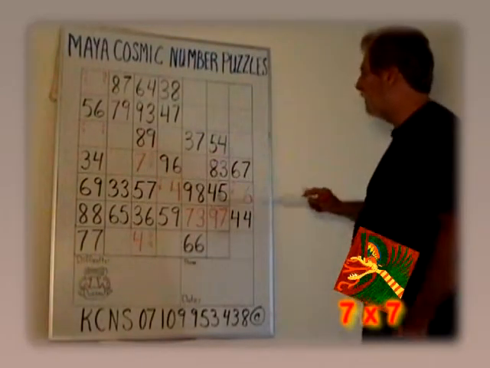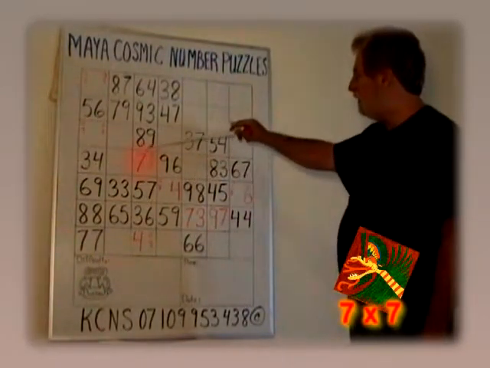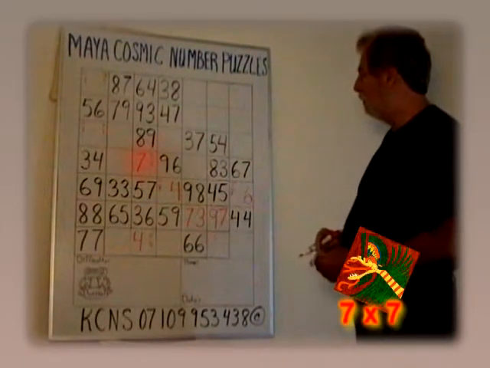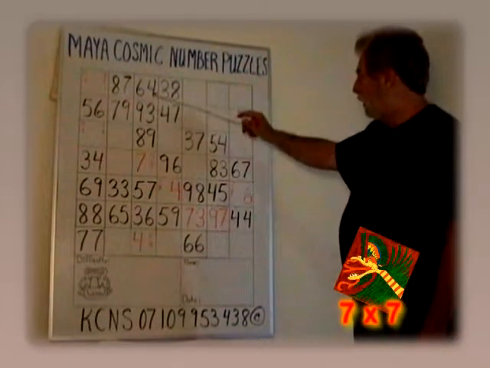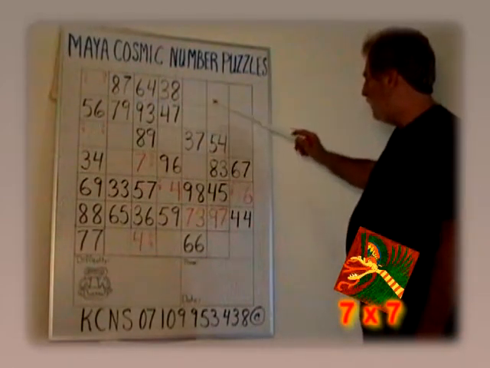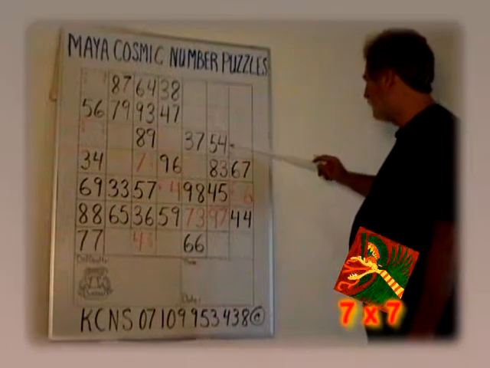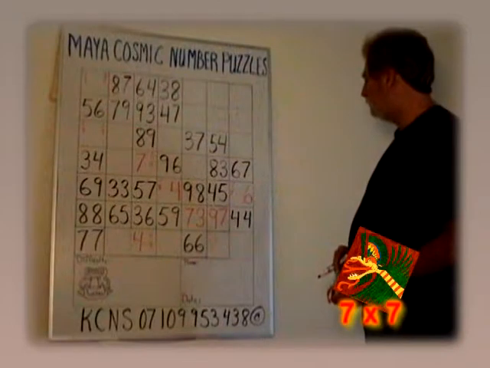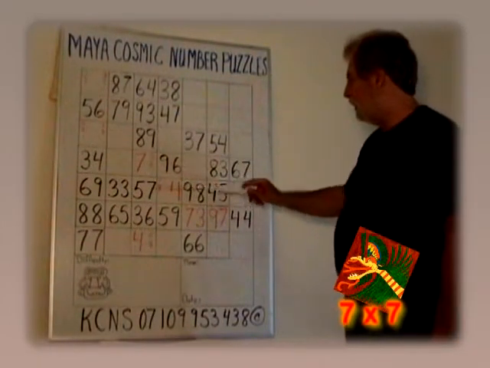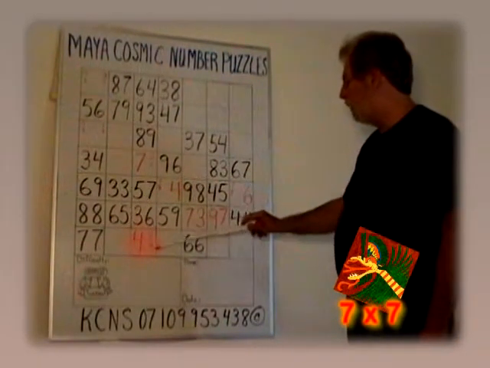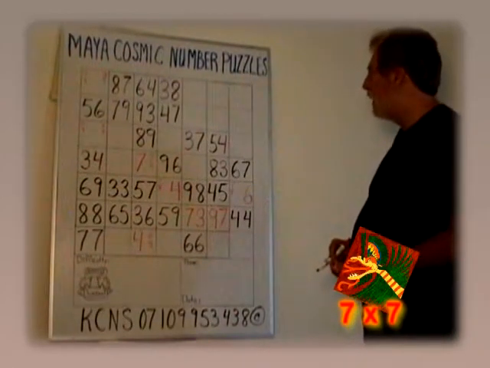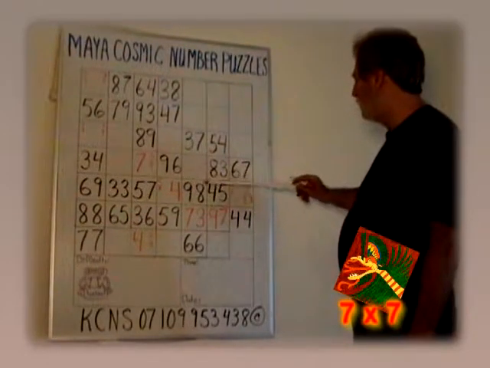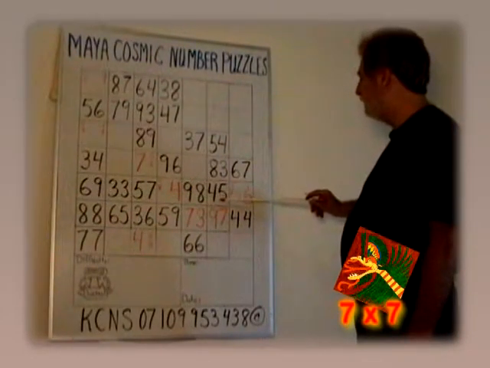We check around on the puzzle to see if we have a 75, 75, or 78 anywhere on the puzzle. And at the present time, we do not have that. Then we check to see if we have a 45 or a 48 on the puzzle. And at the present time, we do have a 45.